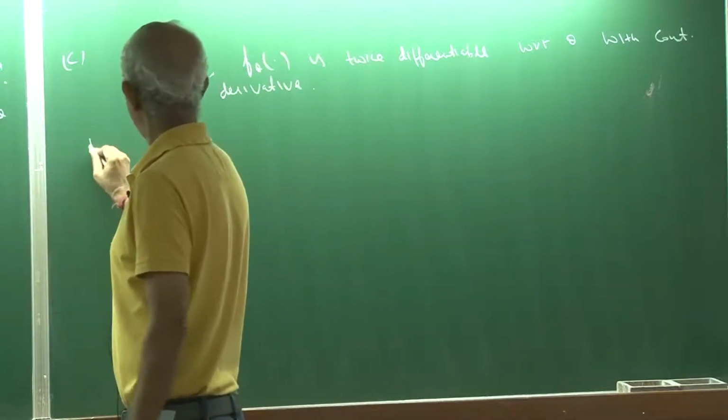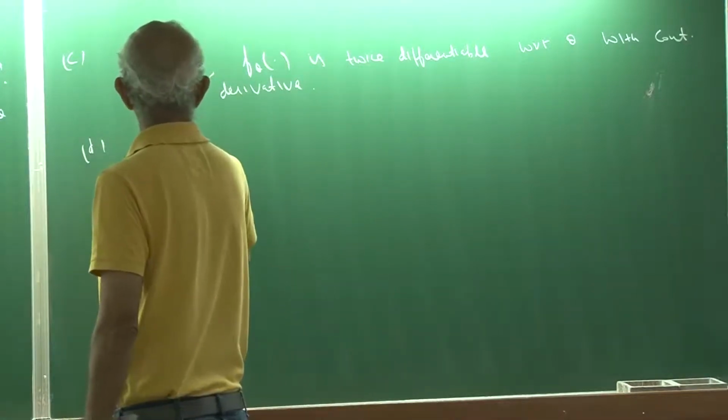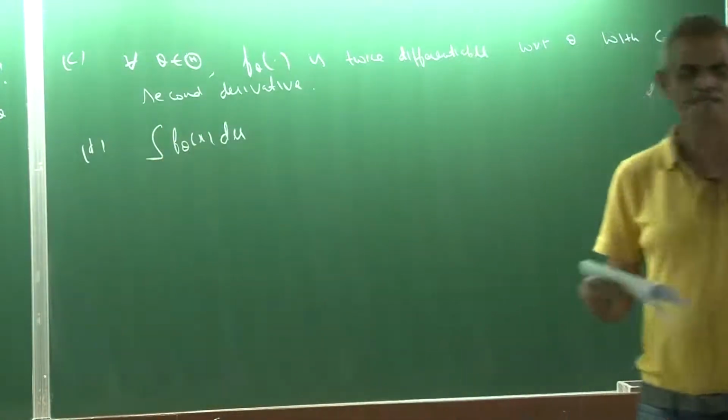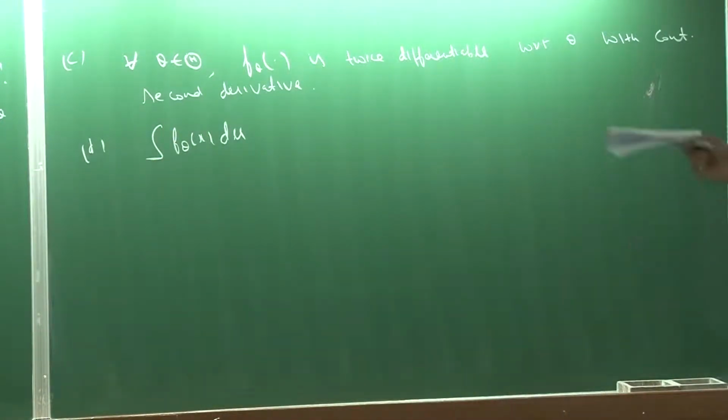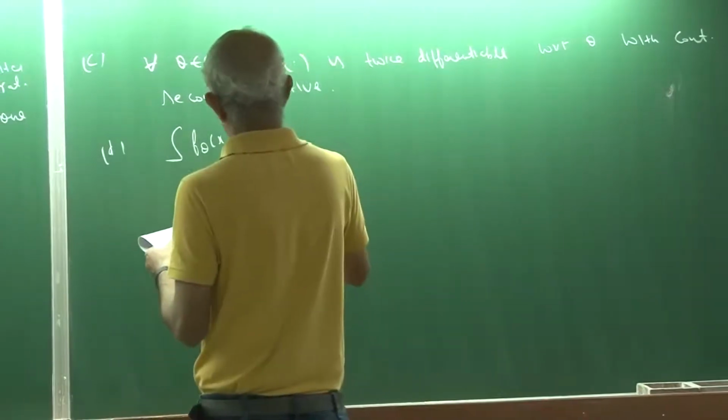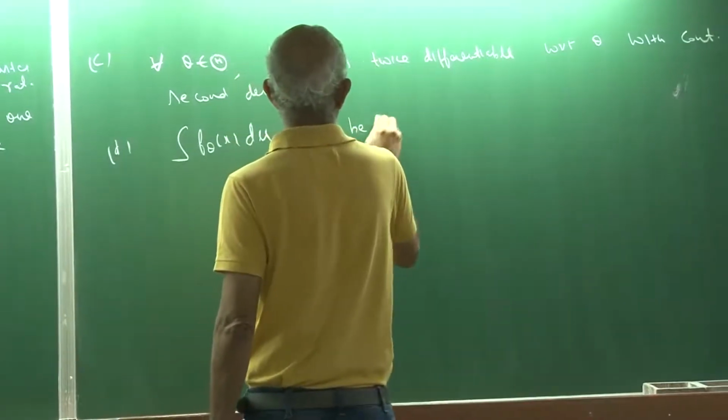Second thing is that the integral over f theta x d mu, where d mu could be counting measure in the discrete case, in which case this integral would be a summation, and Lebesgue measure in the continuous case, can be twice differentiated.